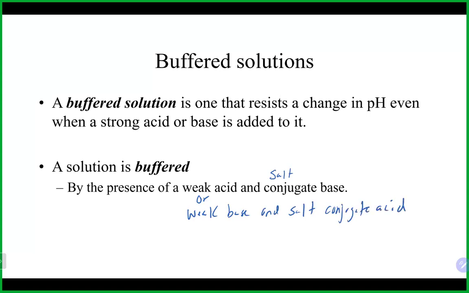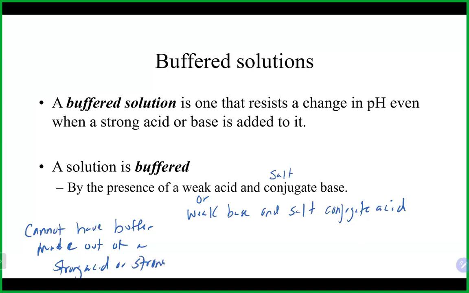You cannot have a buffer that is made out of a strong acid or a strong base. So it does need to be weak. They do need to be partners.